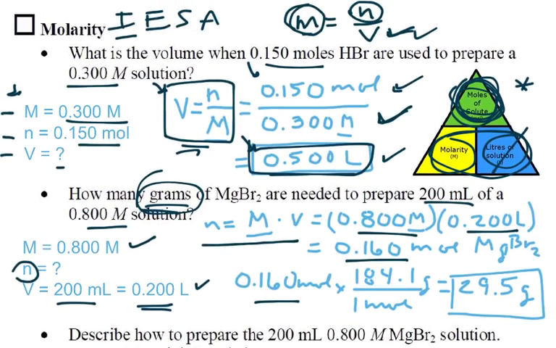Here's my moles, multiply by my conversion factor, so moles drop out, and 0.160 times 184.1 gives me 29.5 grams. So in order to make my solution, I would need to measure out 29.5 grams of magnesium bromide.